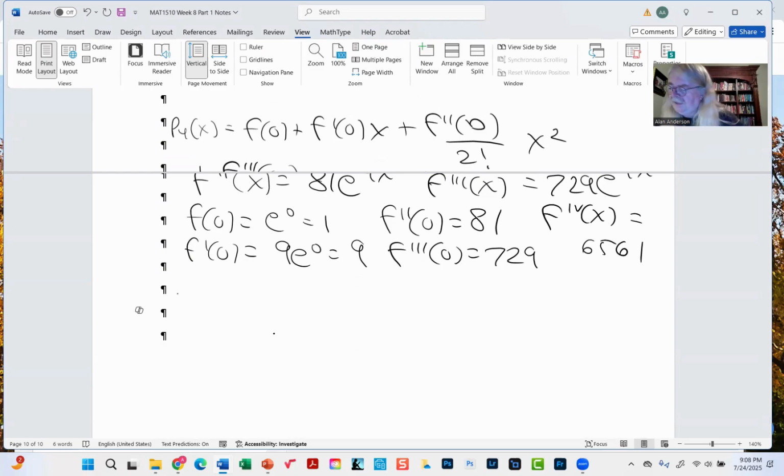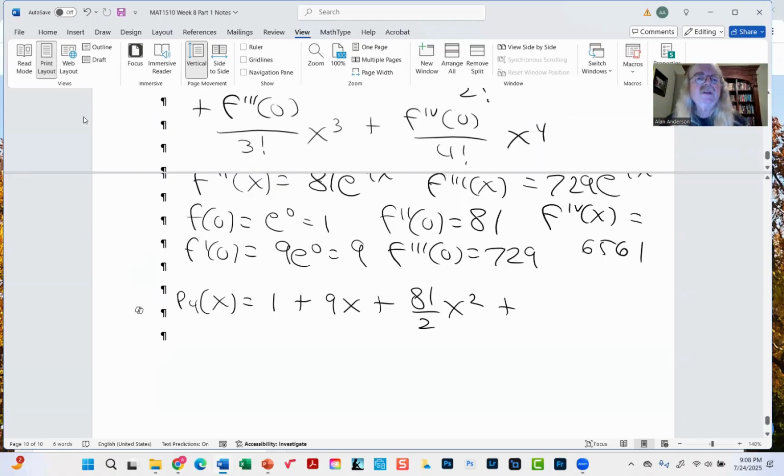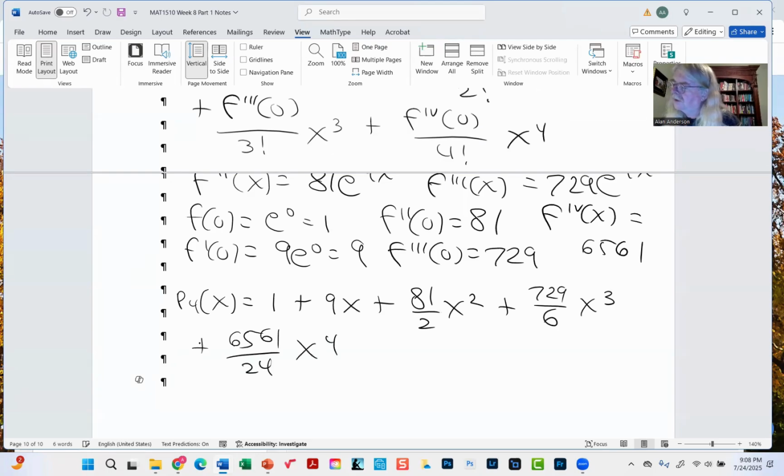So P4 of x equals 1 plus 9x plus 81 over 2 x squared plus 729 over 6 x cubed. And then finally we'll have 6561 over 24 x to the 4. All right.